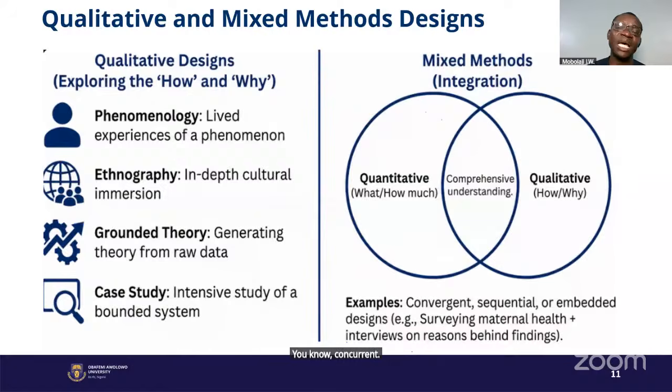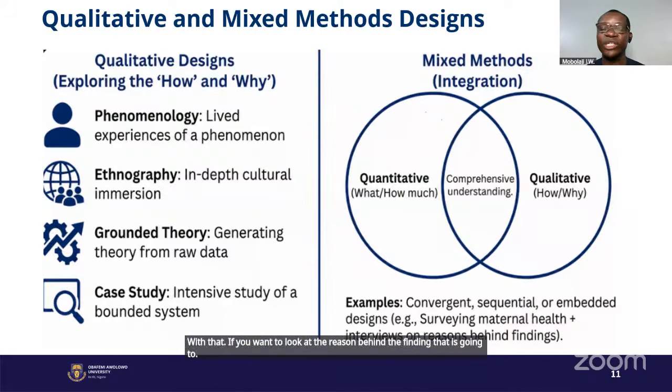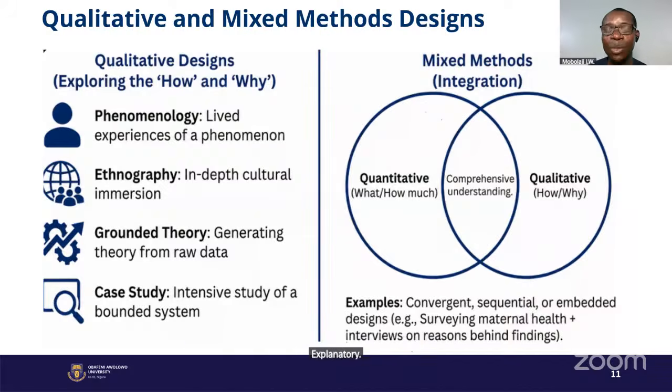So, for example, for someone doing a survey on maternal health, and then also doing interviews on the reasons behind the findings, the factors influencing the maternal health outcomes. If you want to look at the reason behind the finding, that is going to be a sequential explanatory. You are using the qualitative to explain the quantitative further.